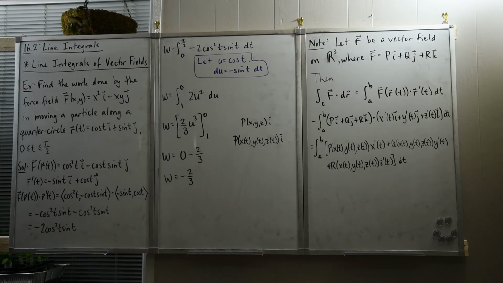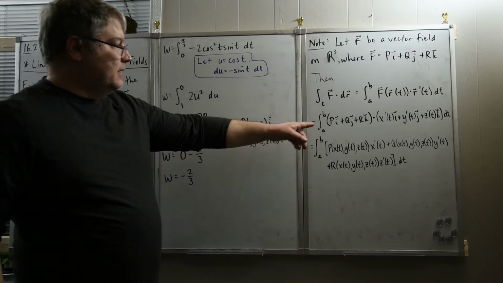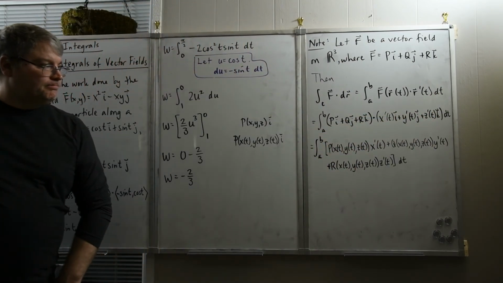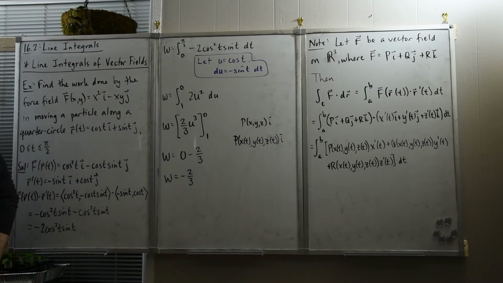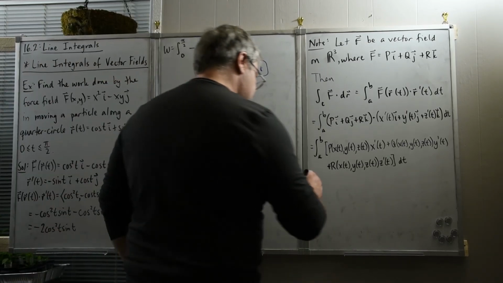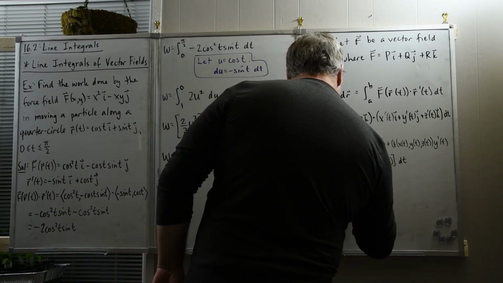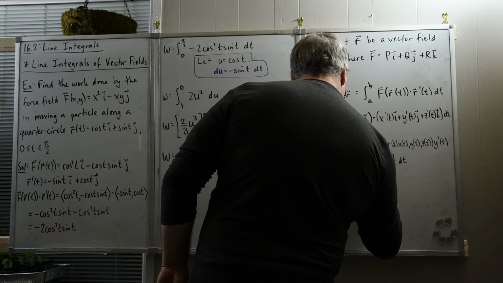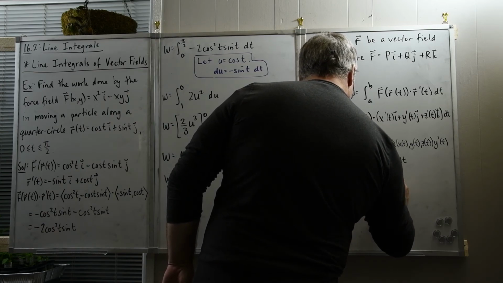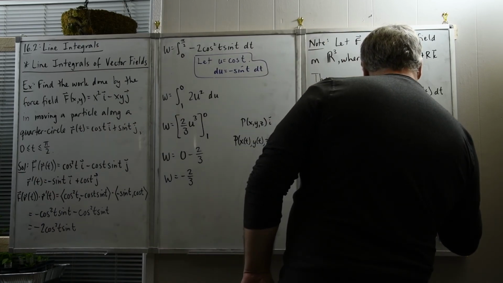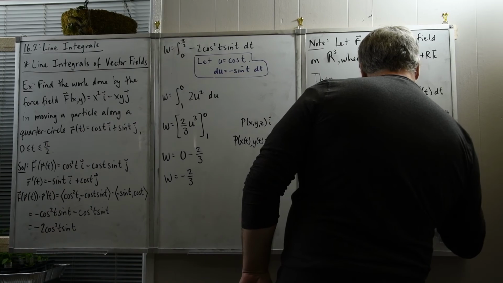So that's what we get when we take the dot product of the Pi plus Qj plus Rk together with this r prime of t. But if you think about it, this is the same thing as the line integral along C of P of x, y, z dx plus Q of x, y, z dy plus R of x, y, z dz.